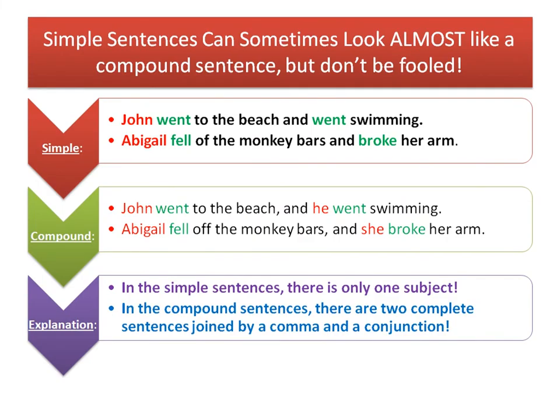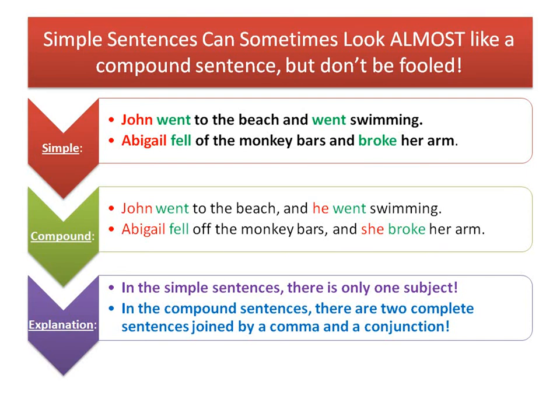Simple sentences can sometimes look almost like a compound sentence, but don't be fooled. John went to the beach and went swimming. Abigail fell off the monkey bars and broke her arm. These look a little bit like compound sentences because we have the and we have two verbs. But remember, simple sentences can have two verbs.